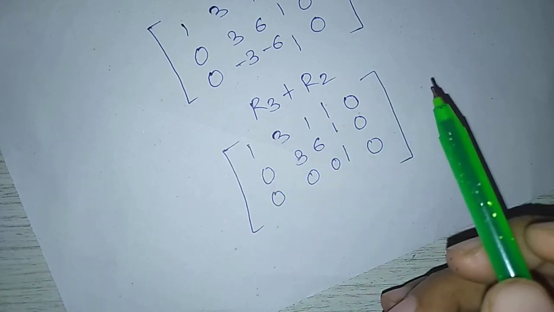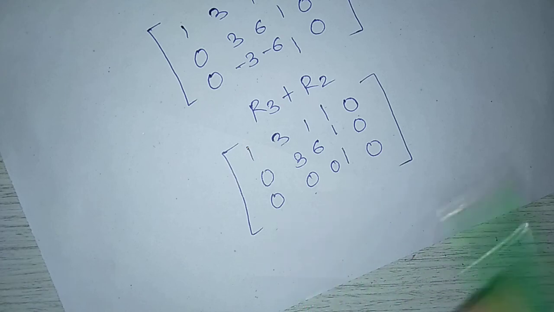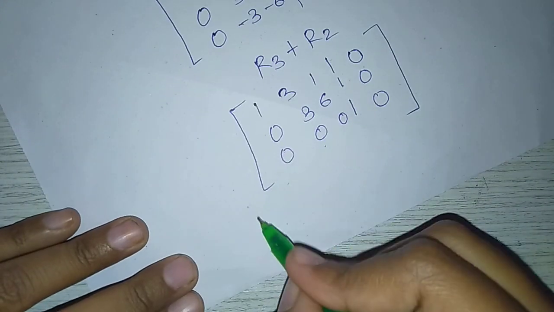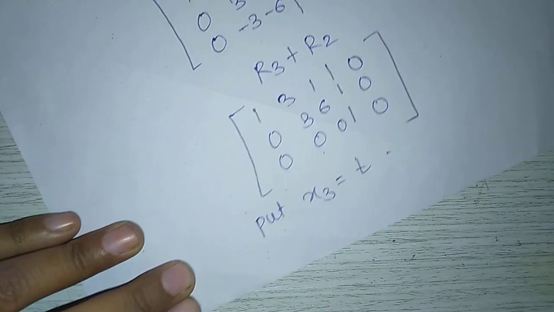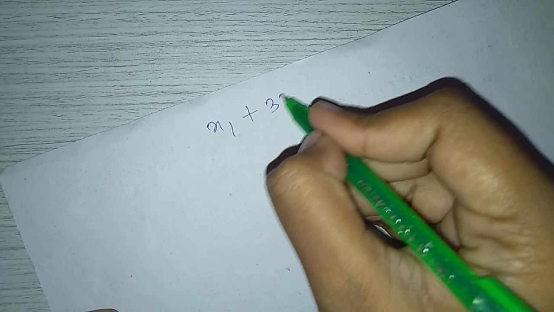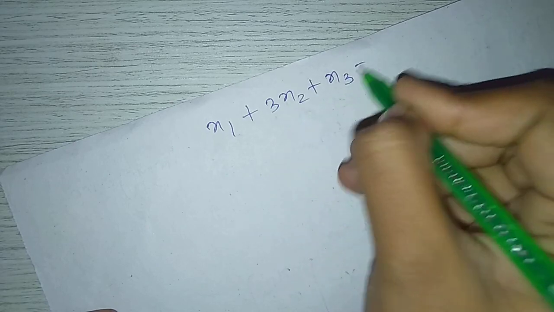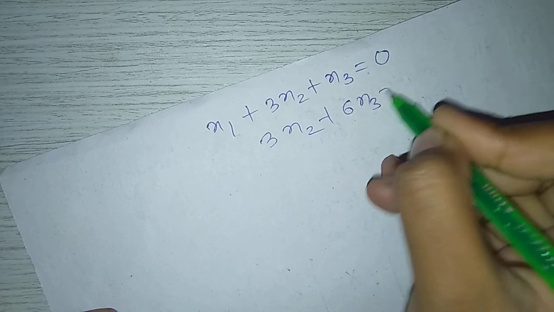Here the pivot positions occur in the first and second columns. In the third column there is no pivot position, so the free variable is x3. Put x3 equal to t, and the equations from this matrix are x1 plus 3x2 plus x3 equal to 0, 3x2 plus 6x3 equal to 0.